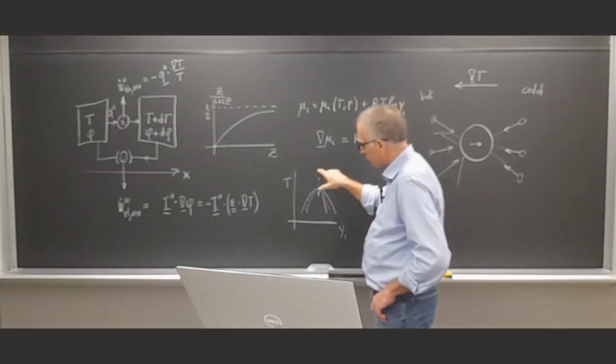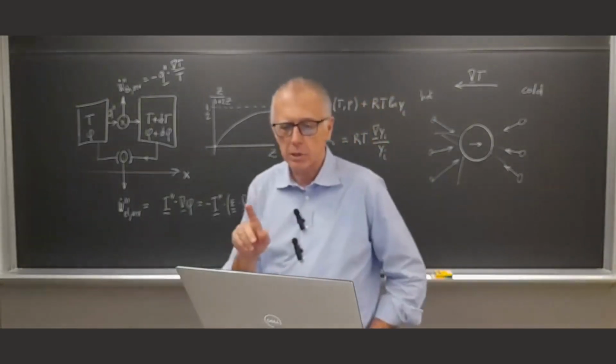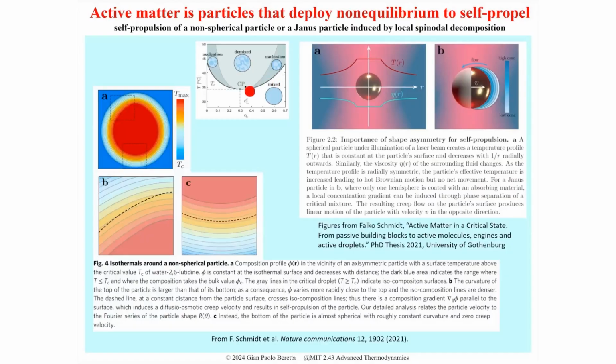From what I remember, also water and nicotine have a lower critical point like this. I don't know exactly what substances they use here. Water and 2,6-lutidine, okay. Whatever that is.